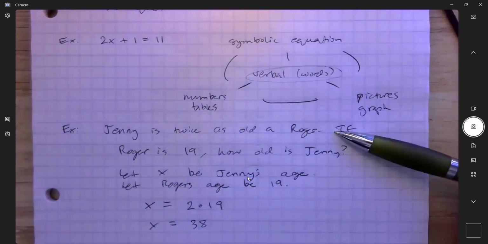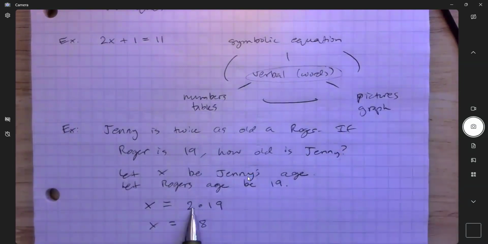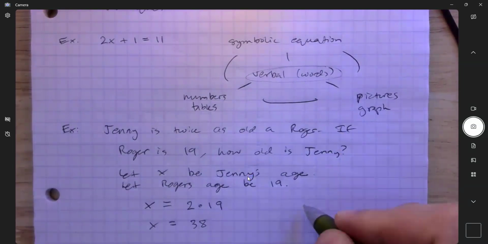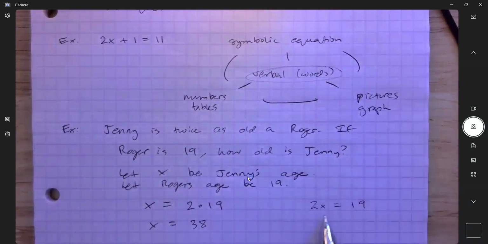One of the challenges with converting verbal to symbols is getting everything in the right place. This is actually something I struggle with. Often my first instinct would be to write something like 2x equals 19 because I know it's a double, right? Twice as old, but I'm not sure where the 2 should go. And so that's something to keep in mind.